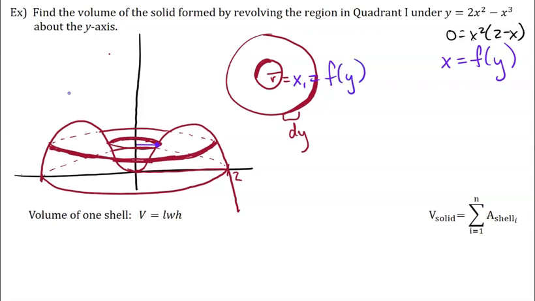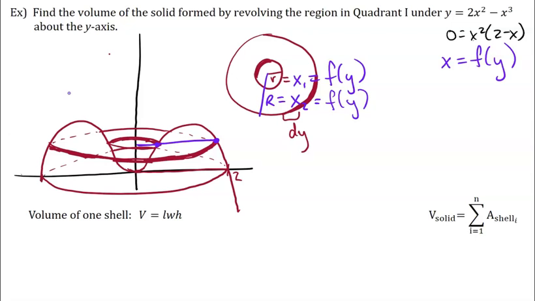And then the outside radius is this distance right here. In terms of that ordered pair, the outer radius is, once again, the x-coordinate. However, it's the x-coordinate on the same curve, so it's also f of y. So we have two pretty big problems here.